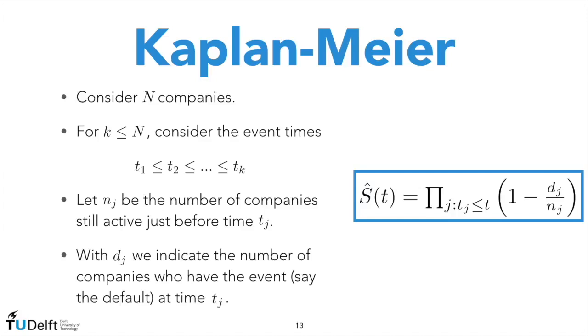Notice that 1 minus d_j over n_j is nothing more than the proportion of survivors at time t_j. This is the simple but extremely useful Kaplan-Meier estimator for the survival function.